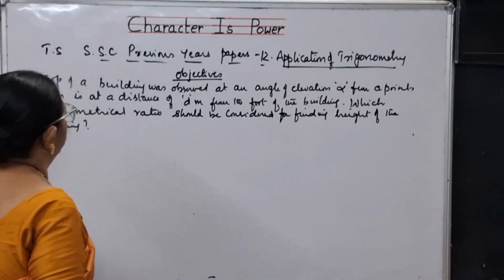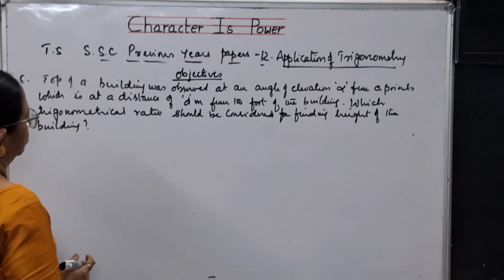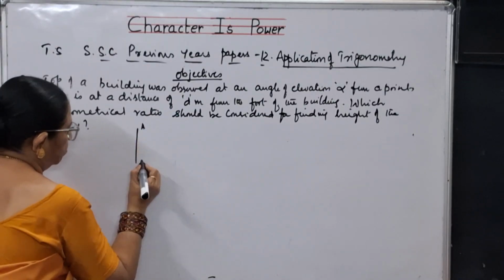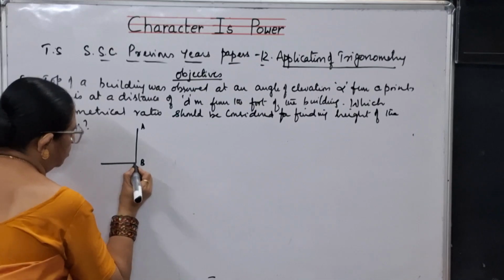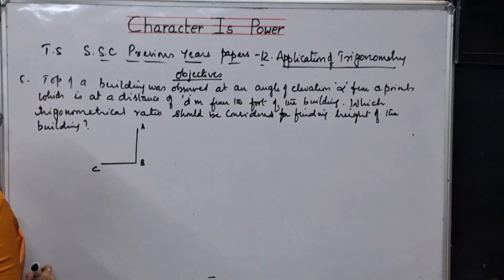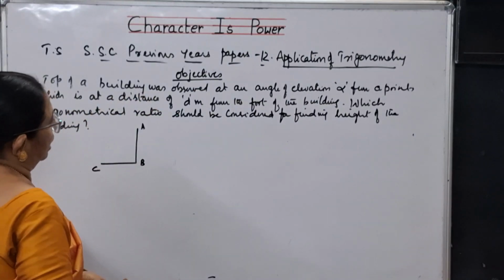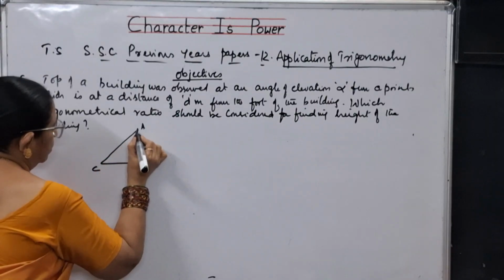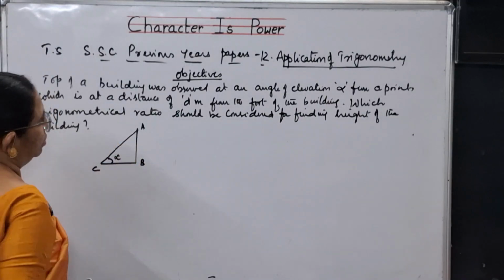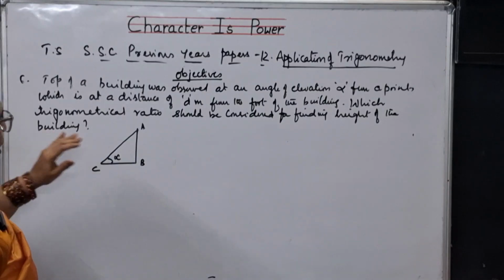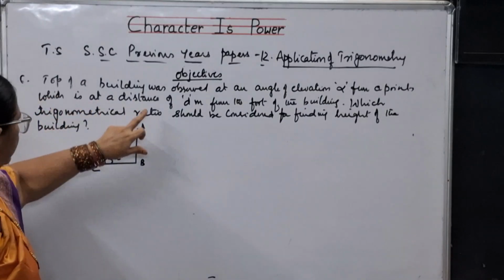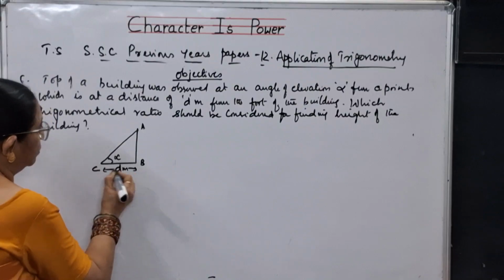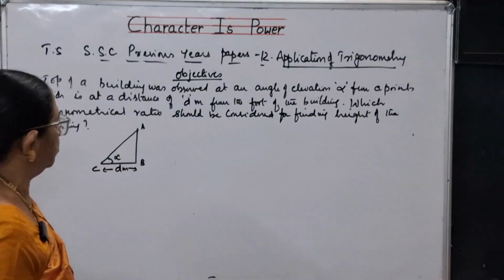Now the question is, top of a building was observed at an angle of elevation of alpha. See, this is the building top, observed from a point C. So this is alpha, from a point which is at a distance of d meters from the foot of the building.